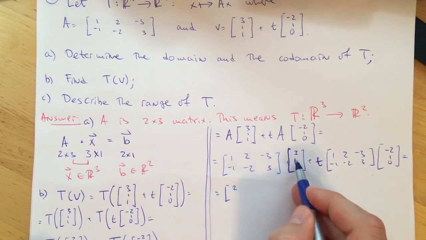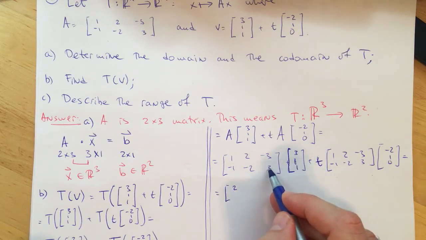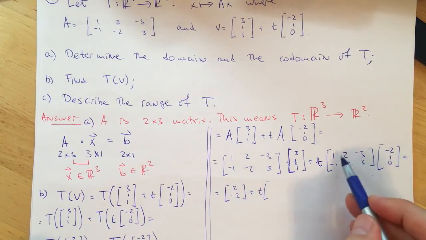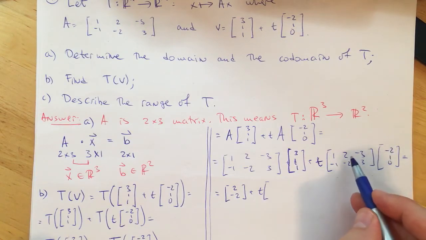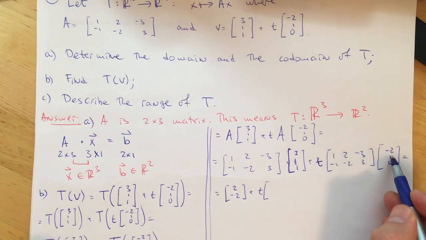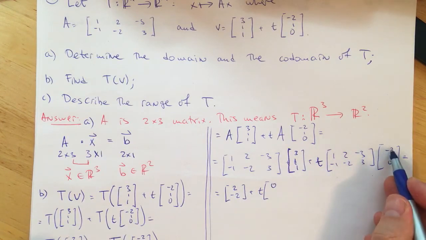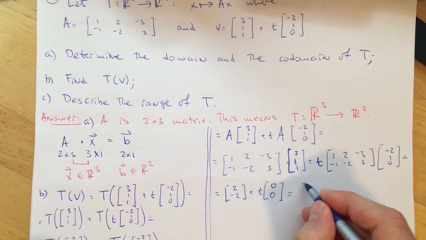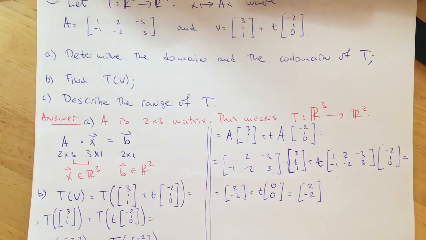Then -3 minus 2 is -5, plus 3 is -2, plus t times: 1 times -2 is -2, plus 2 times 1 is 2, so 0, and then -1 times -2 is 2, -2 times 1 is -2, 2 minus 2 is 0. So we just get the vector (2, -2).